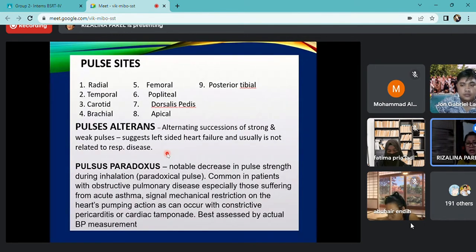This is common in patients with obstructive pulmonary disease, especially yung mga may acute asthma, okay, may mechanical restriction sa heart, pumping action, those with pericarditis or cardiac tamponade. Take down notes lang yung mga sakit that will give you pulsus alterans assessment and the pulsus paradoxus assessment.